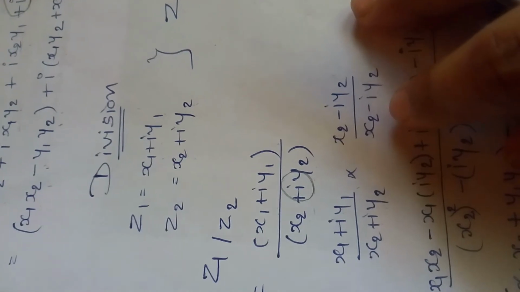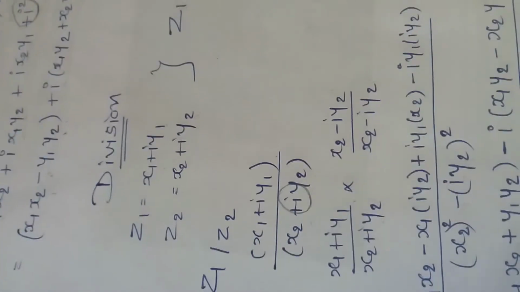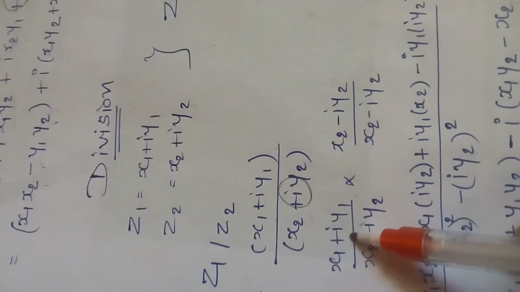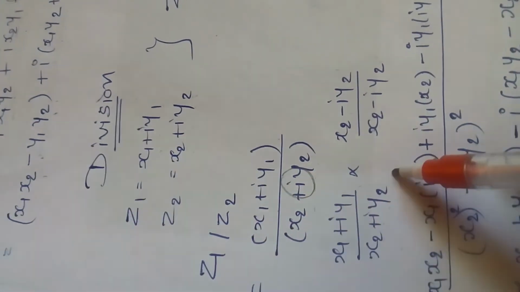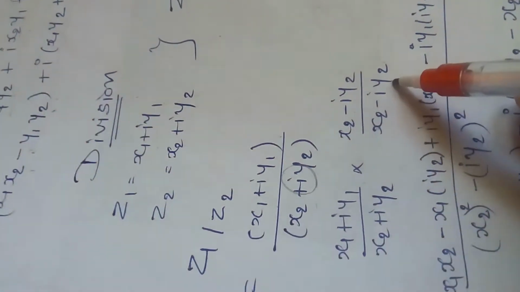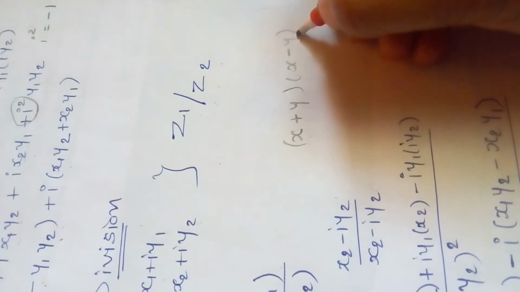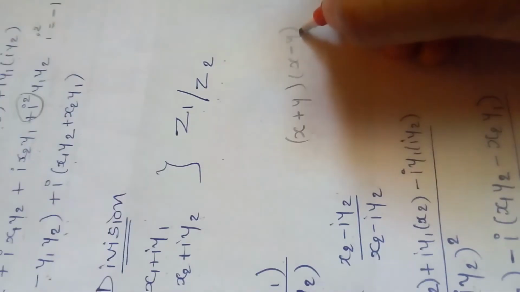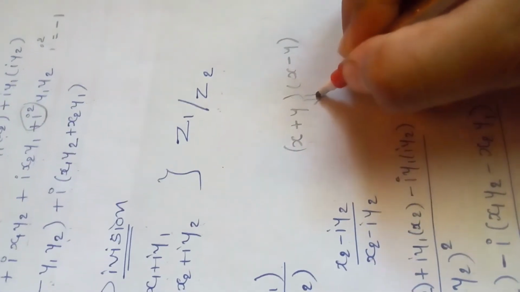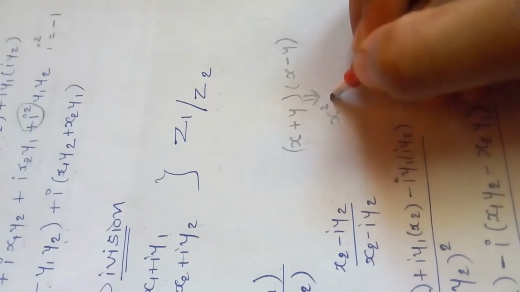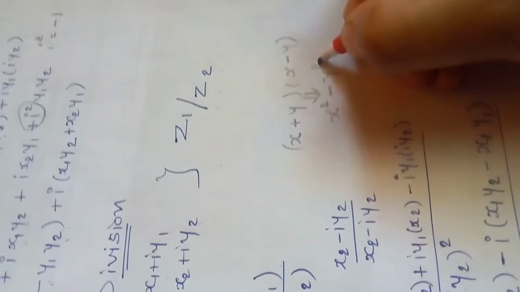Multiplying and dividing by the conjugate results in the multiplication of x1 plus iy1 by x2 minus iy2, over x2 plus iy2 times x2 minus iy2. Here you need to use the (x plus y)(x minus y) algebraic identity that we already learned in 10th standard, which gives x square minus y square.